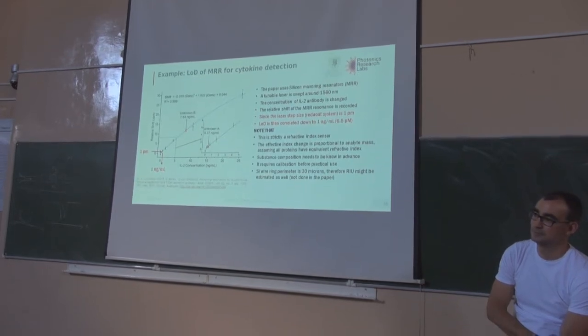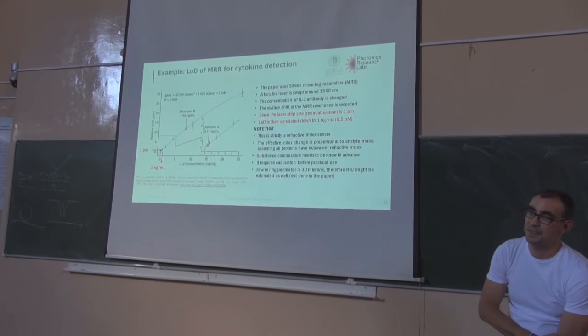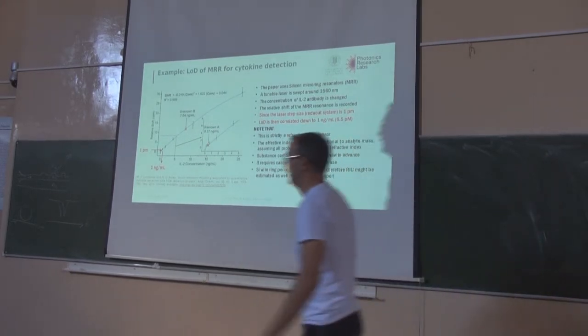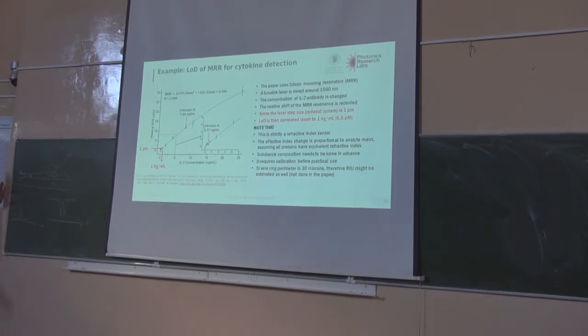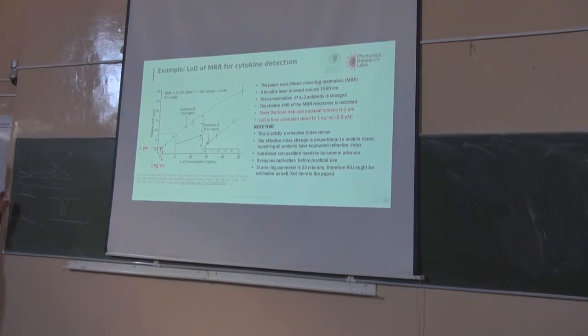Yes, that's a good question. Typically, what one does is, to use these structures as a sensor, you need a reference. Okay? And then what typically one does is to use two rings, for instance. Okay? And you send half of the power to one ring and half of the power to the other.